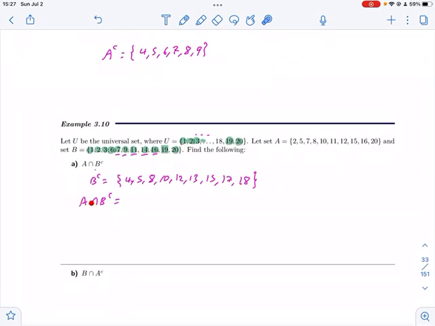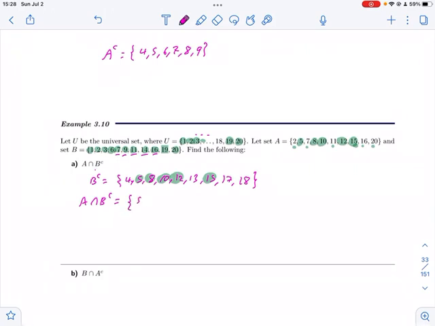So we have 2 is not in both, 5 is in both, 7 is not in both, 8 in both, 10 is in both, 11 not in both, 12, 13 not in both, 15 is in both, 16 not in both, 20 is not in both. So what is the intersection? The intersection is 5, 8, 10, 12, and 15.